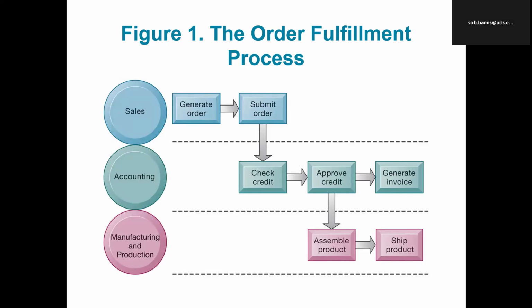So, taking a quick look at this diagram, which basically is a process of order fulfillment. In a business, this is a certain business's process towards making an order or fulfilling an order. From this side, we have the various functional units, the sales area, the accounting area, the manufacturing and production area.